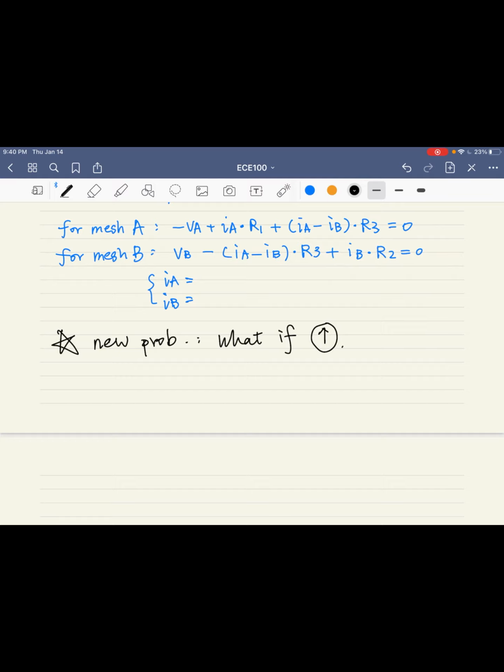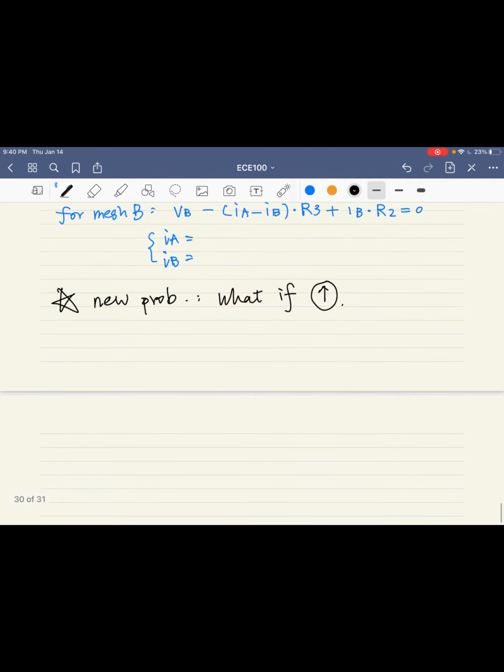Because for a current source, the voltage value across it is not defined, it's not determined. In that way, we will introduce one more unknown variable. That is not what we want. So what should we do with it? And my answer to it is, please don't write KVL for loops which have a current source.